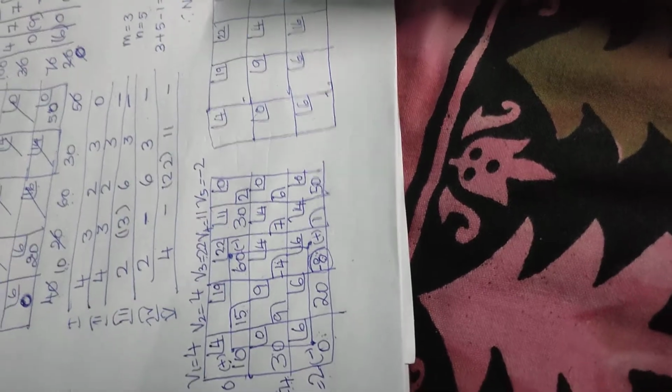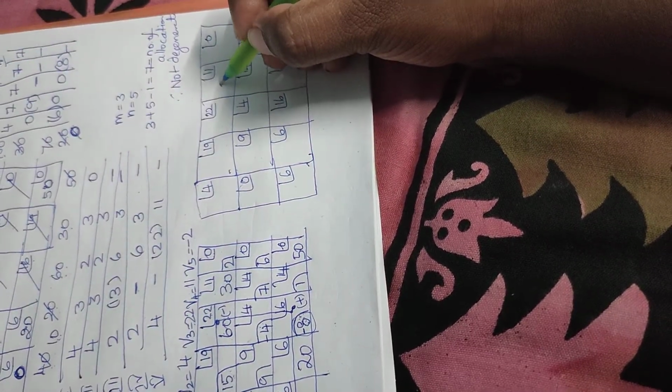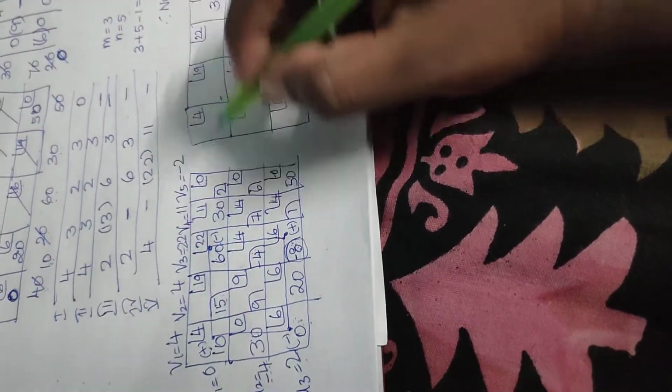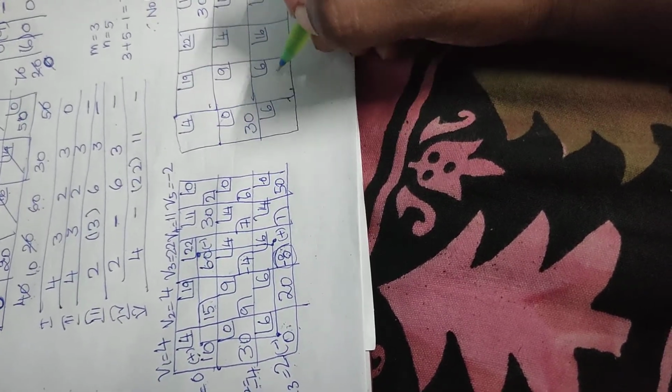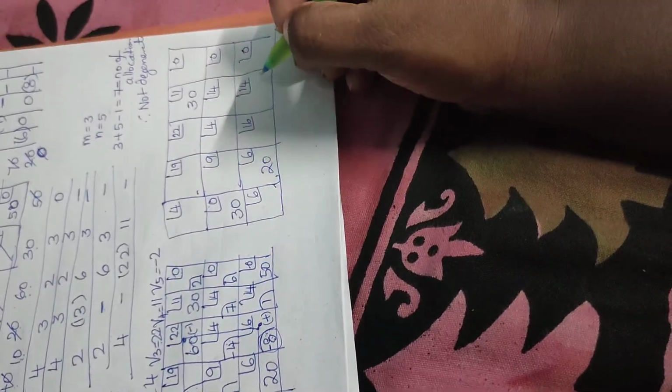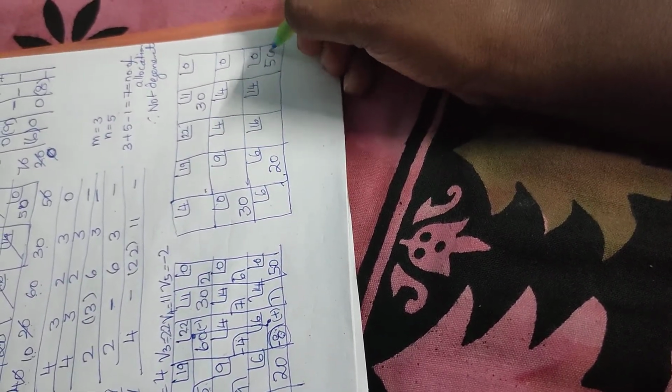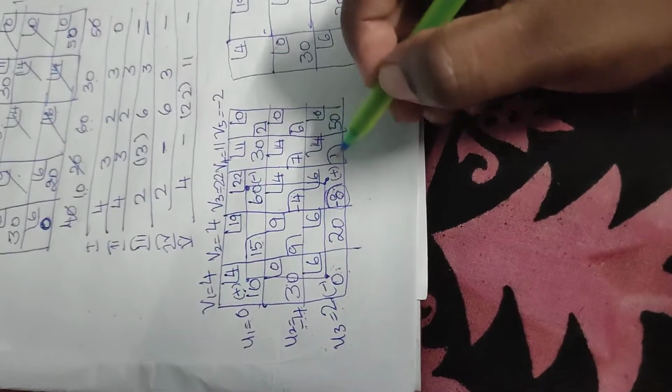Right. So now I am going to write off the cells which are not in that square, so that it won't get confused. So here you have some cells which we are not bothered about, right?